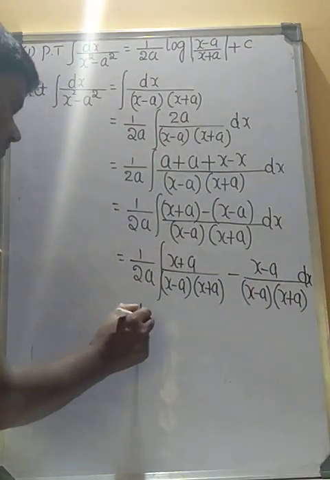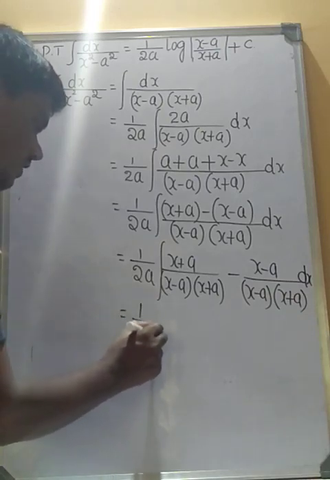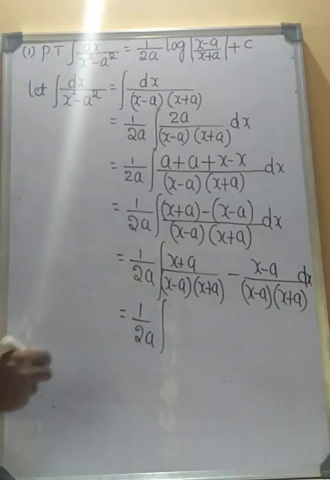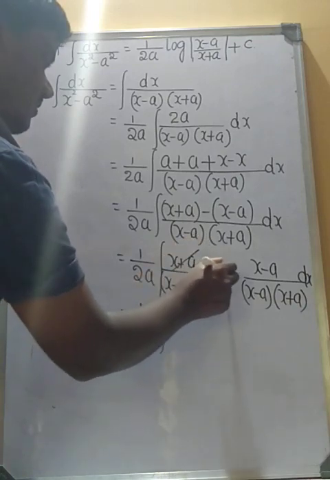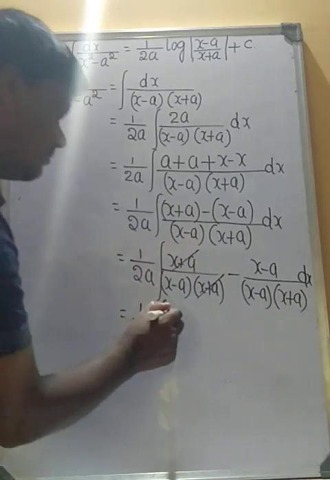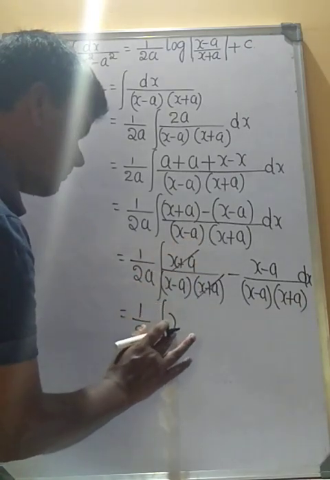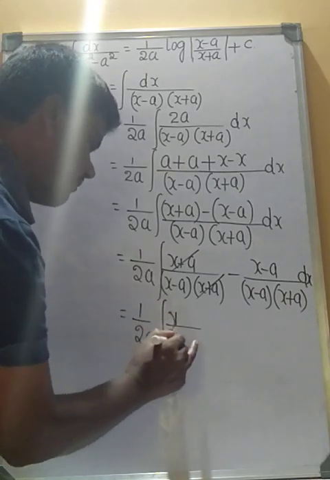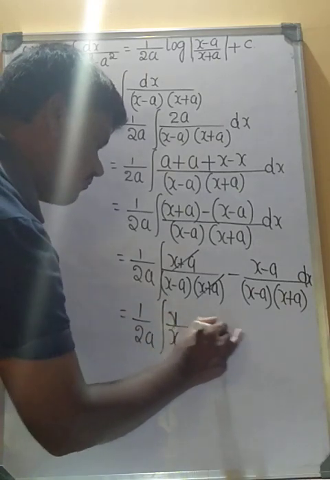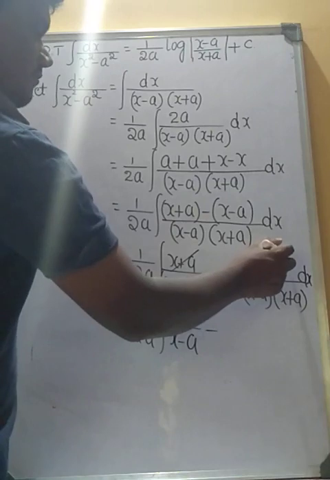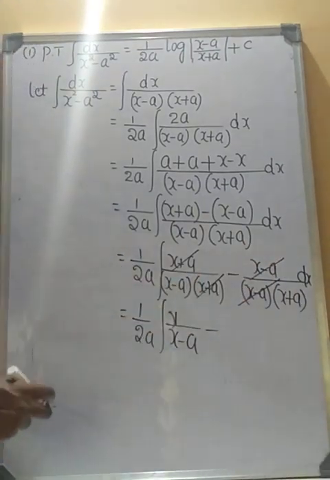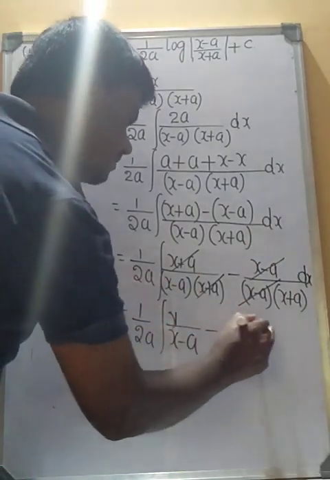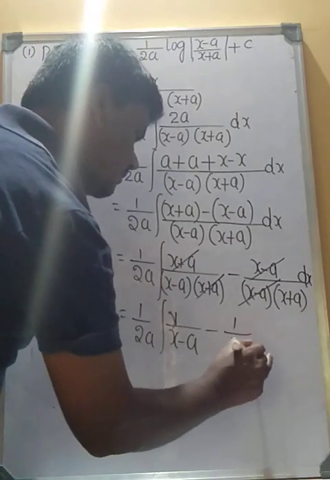That equals 1 divided by 2a integral of x plus a gets cancelled, 1 divided by x minus a; minus x minus a gets cancelled, 1 divided by x plus a.